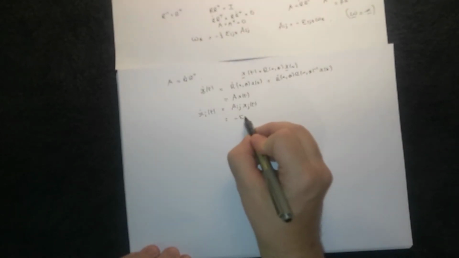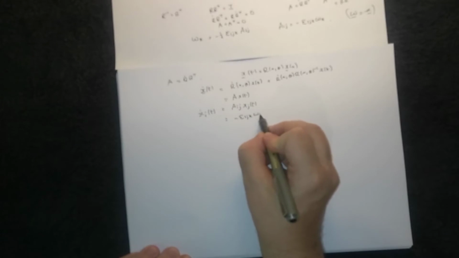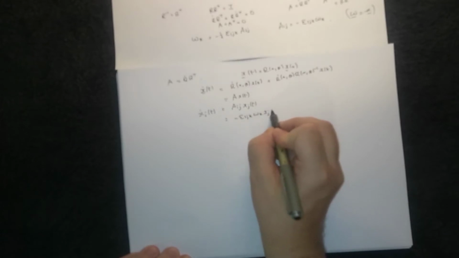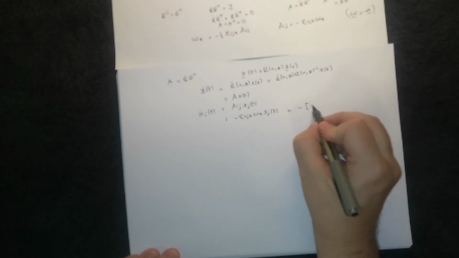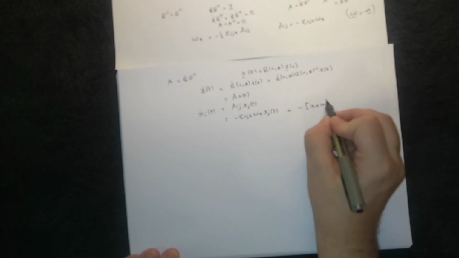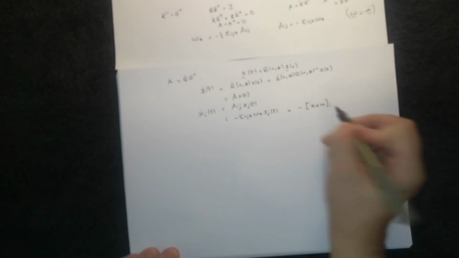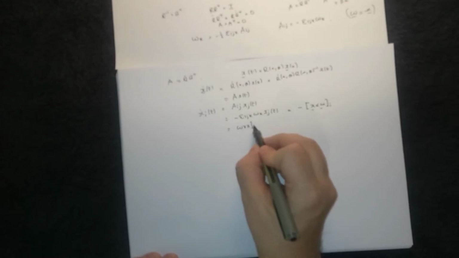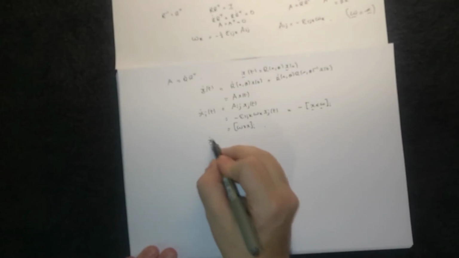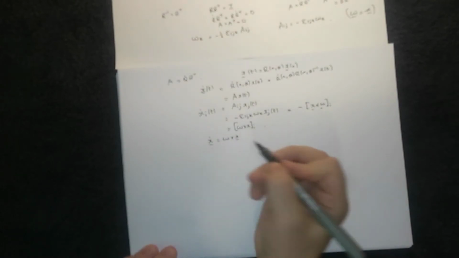That's minus epsilon ijk omega k x j as a function of t, and that's minus x cross omega ith component in terms of the cross product. So that's omega cross x ith component, or x dot is omega cross x.